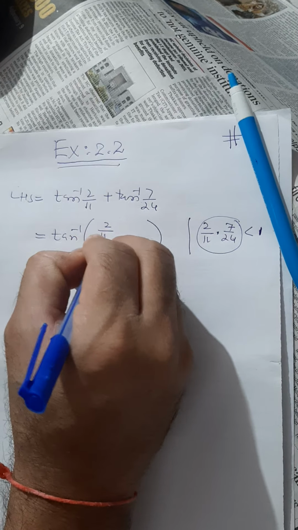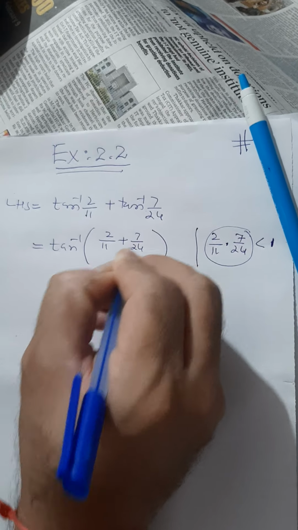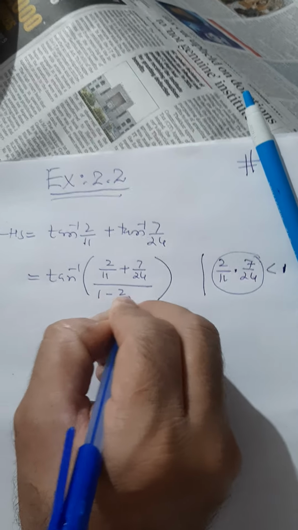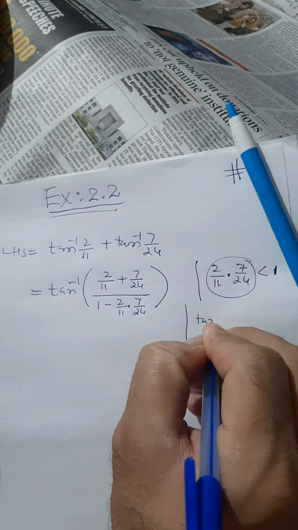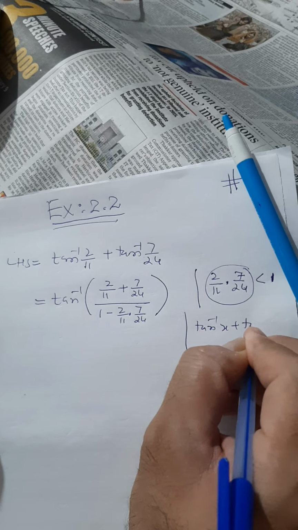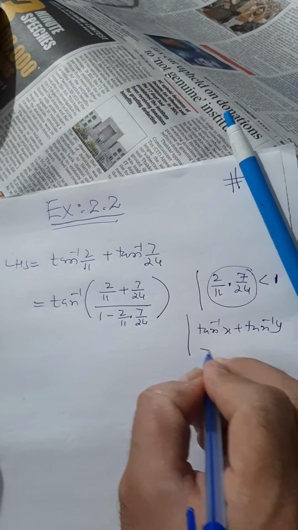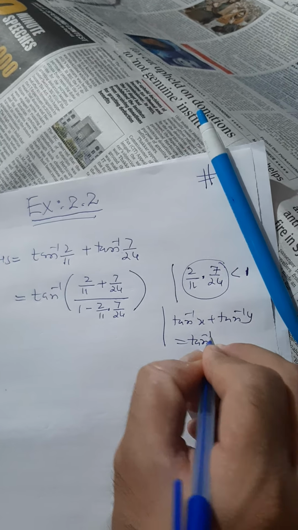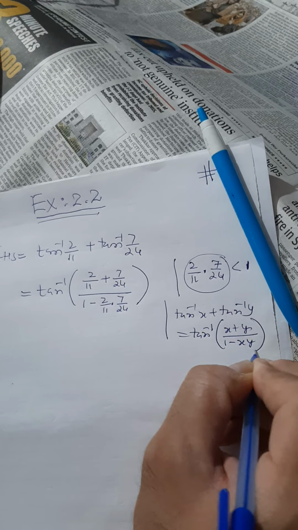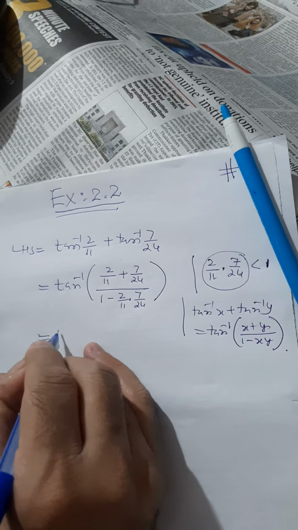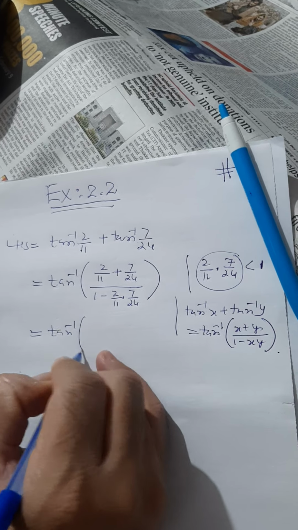So tan inverse of 2 by 11 plus 7 by 24 upon 1 minus 2 by 11 into 7 by 24. I've used this: tan inverse x plus tan inverse y equals tan inverse x plus y upon 1 minus xy. That's what I'm using here. Now you just simplify this.